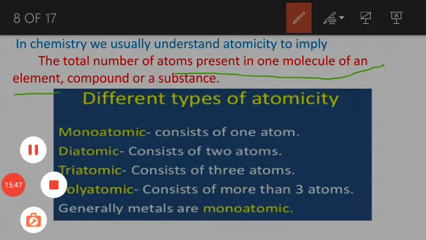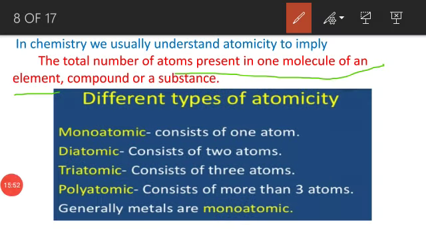This is called atomicity. Different types of atomicity. The monoatomic. Monoatomic means it consists of one atom. Argon, krypton, like this. Only one atom.